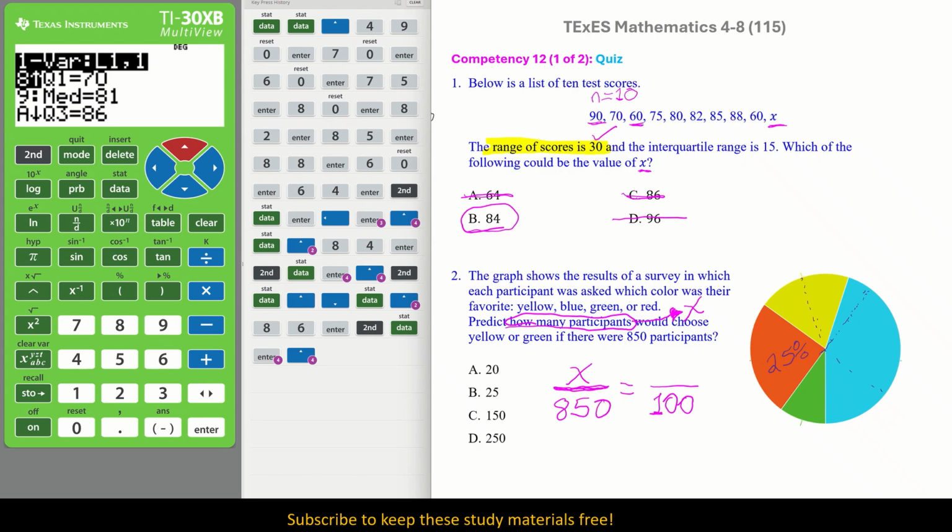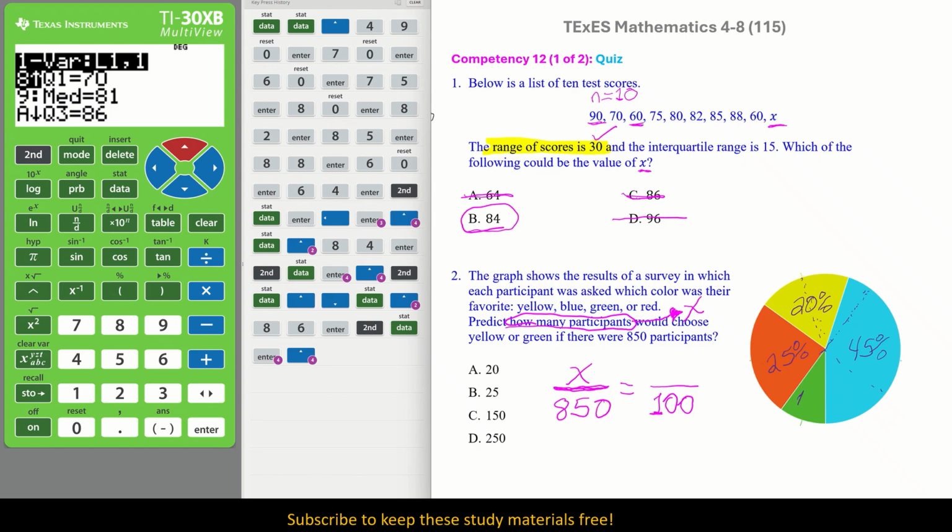Now let's look at this turquoise blue, whatever shade of blue that is. I'm going to label that one at 45%. Now, if that's the case, that would mean that the yellow is roughly 20%.